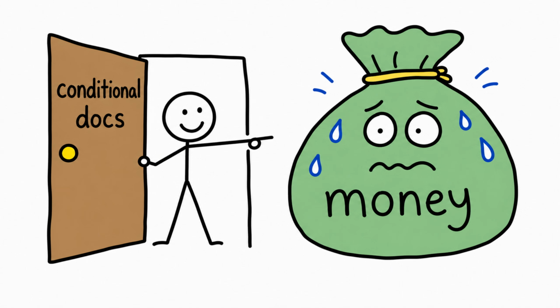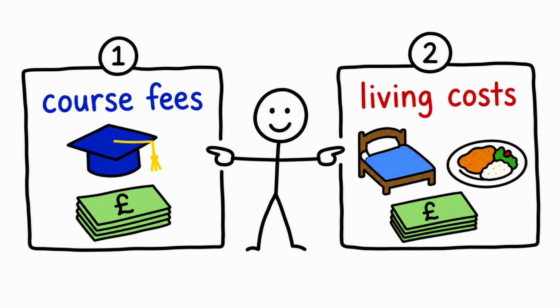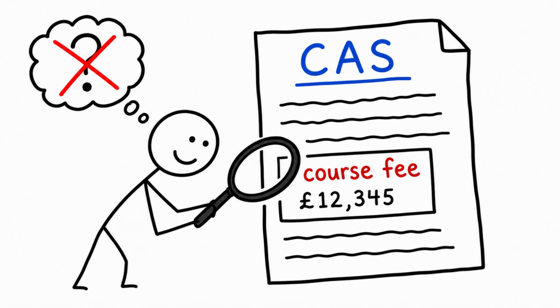So let's go through those, starting with the one that causes the most stress: money. We covered some of this in the last video, so you should definitely check it out. But in any case, there are 2 amounts you need to think about. The first is your course fees for the first year, and you don't have to guess that figure. It's printed right there on your CAS.